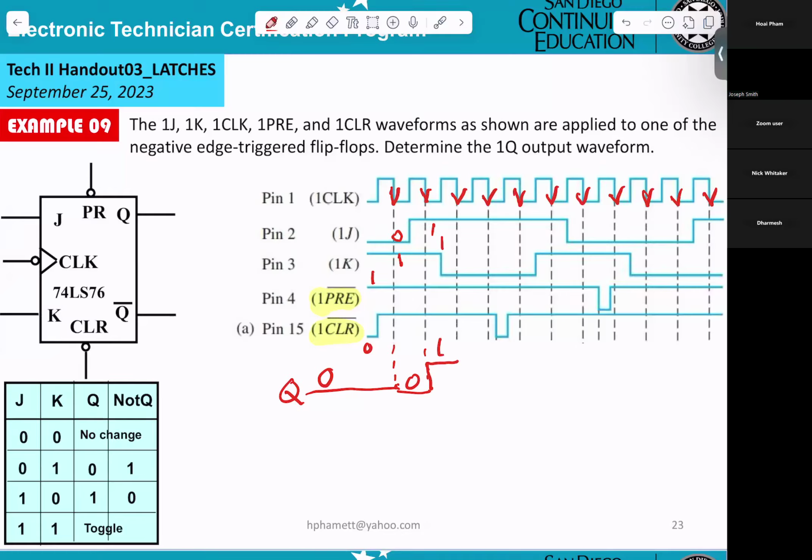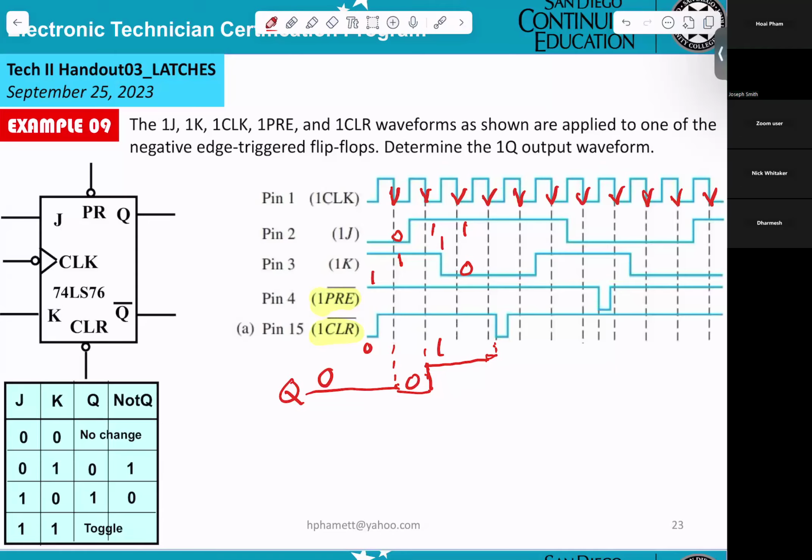And at the next clock, you can see J is 1, K is 0, so Q equals 1. Then at the next clock, J and K are 1 and 1, so it is supposed to stay 1 up to here.